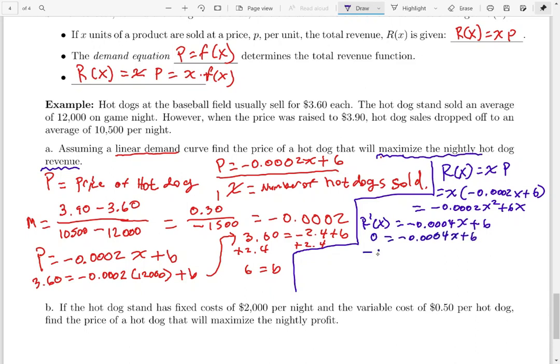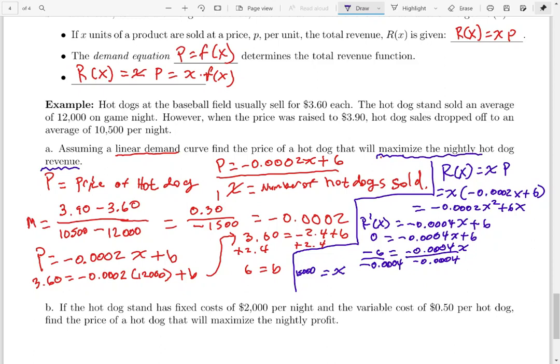Minus 6 from both sides, so I get negative 6 is equal to negative 0.0004x. Divide by negative 0.0004 on both sides. So then I get that x is equal to 15,000.